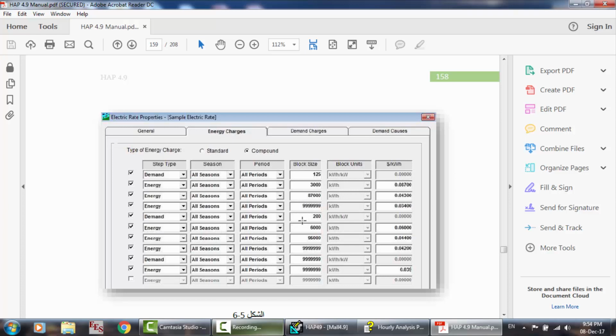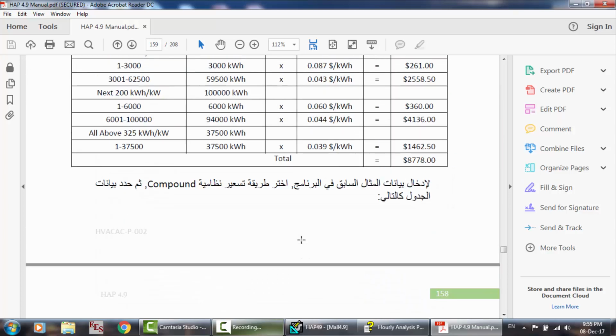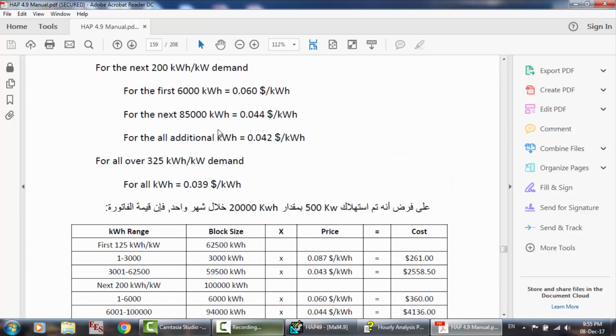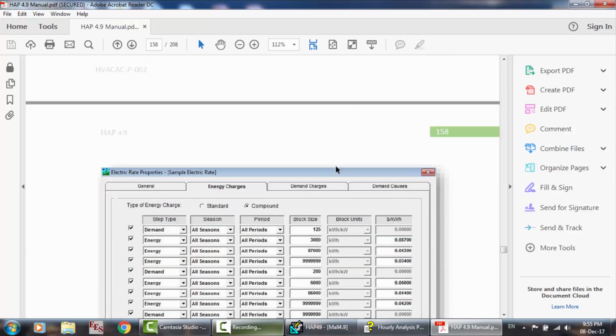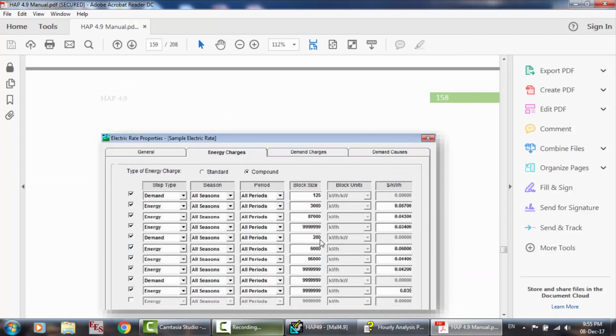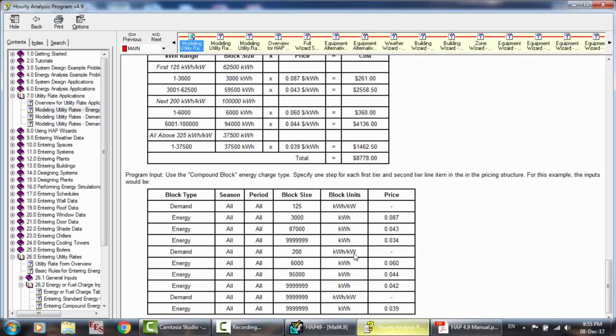Okay, and for the next demand 200 kilowatts, the first kilowatt hour 6,000 has a price, and for the next you will find here 85 kilowatt hours, and according to the HAP manual, he used 95,000 kilowatt hour according to some calculations.